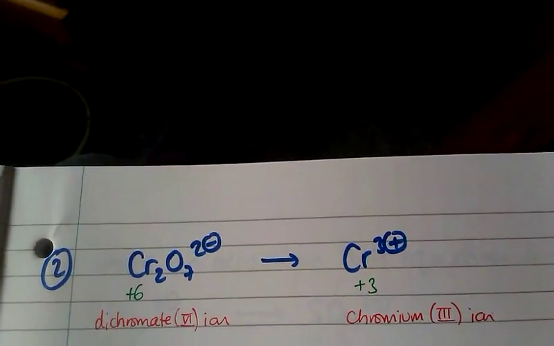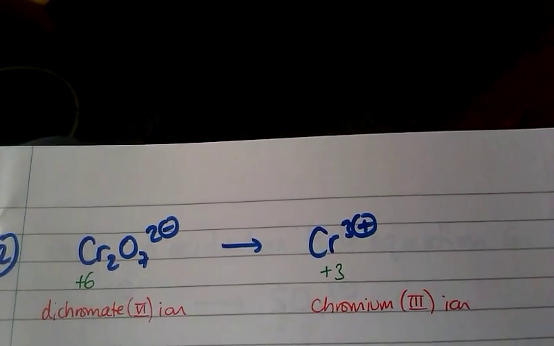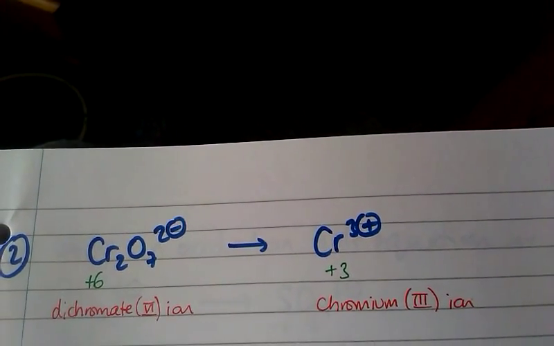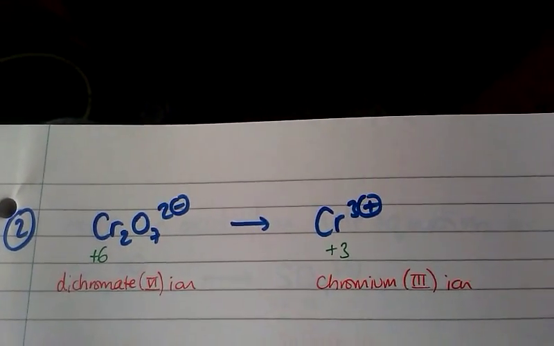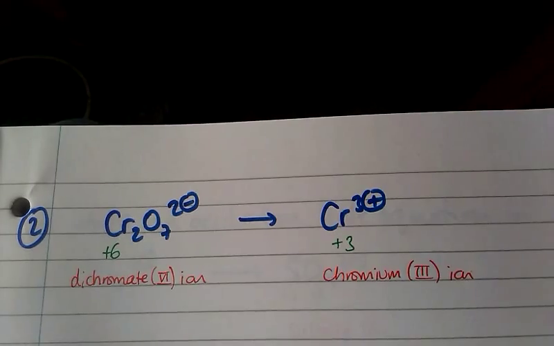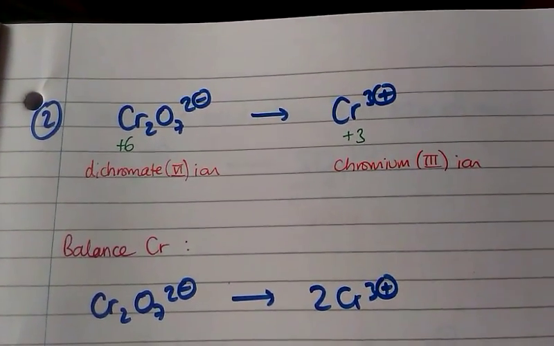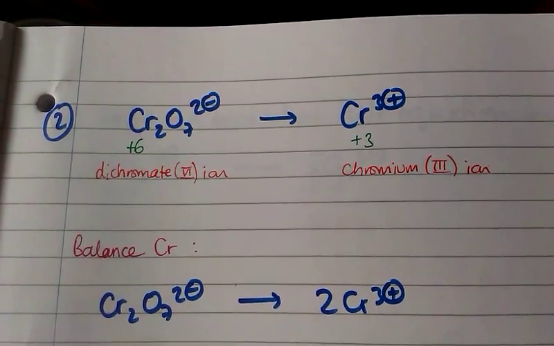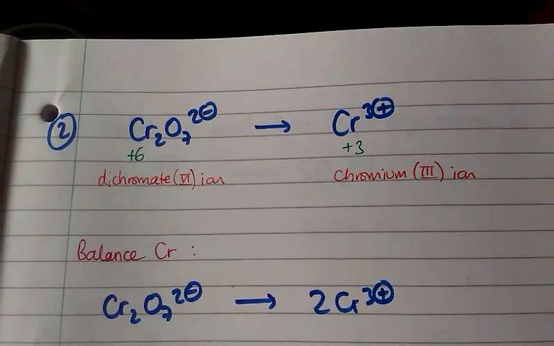Okay, the second example, write a reduction half equation for the dichromate 6 ion going to the chromium 3 ion. So what we need to do first for this example is to balance the chromium. So on the left hand side we have 2 of them, so we need to have 2 on the right hand side. And again we need to balance the oxygens with water molecules.